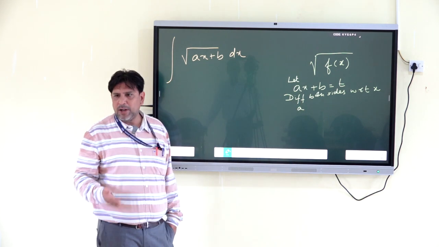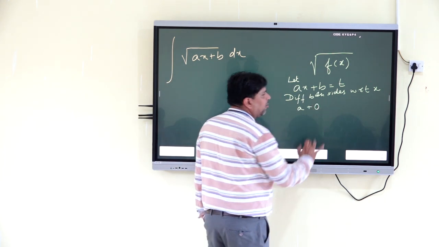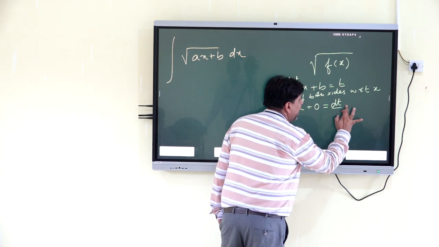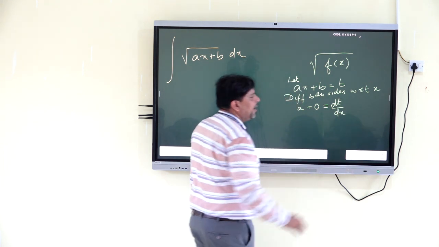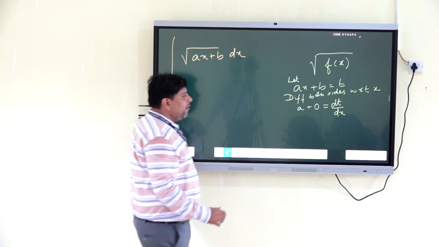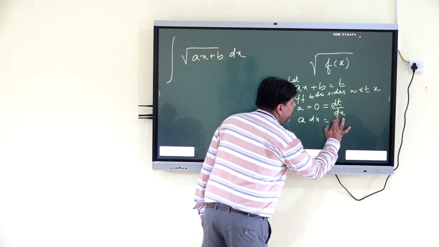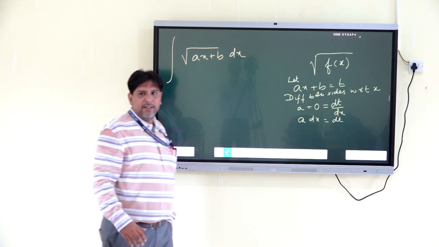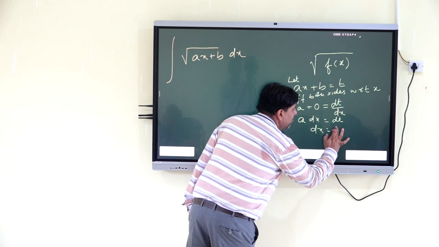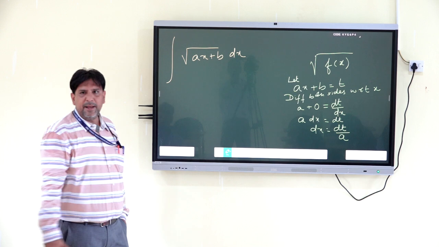The derivative of b is 0 because b is a constant, and the derivative of t with respect to x is dt by dx. Now we can take dx this side. So we get a into dx is equal to dt. That means dx is equal to dt by a.